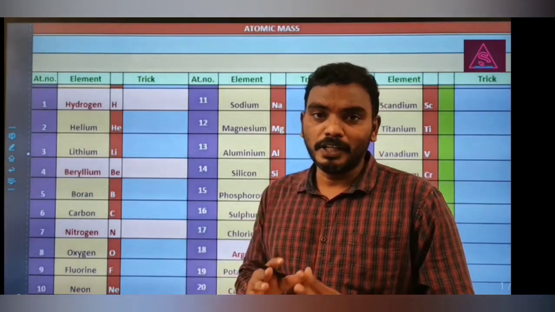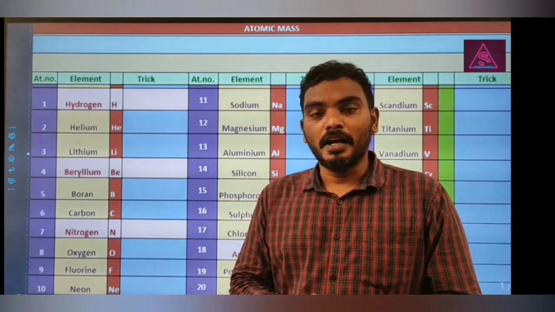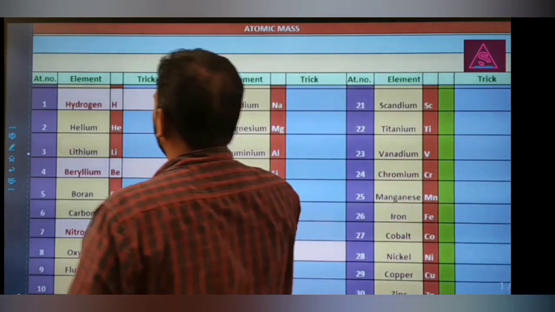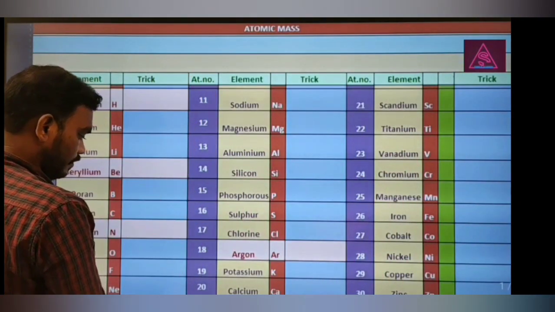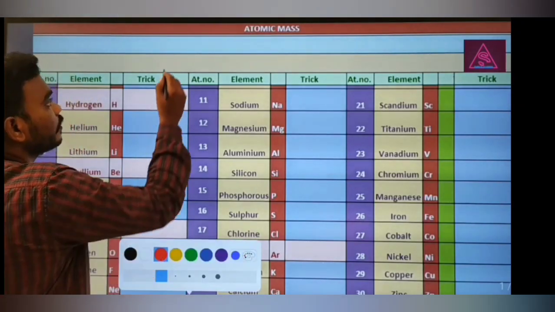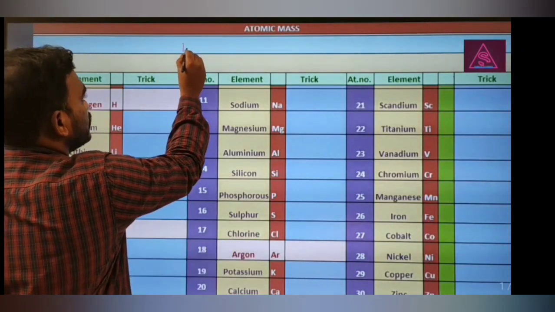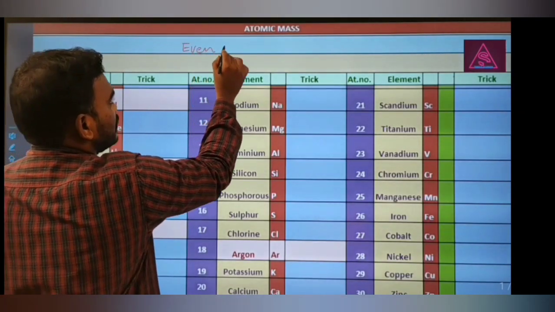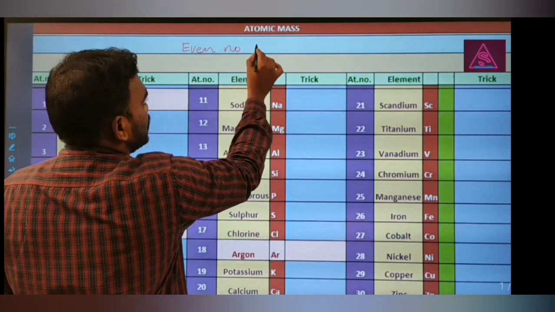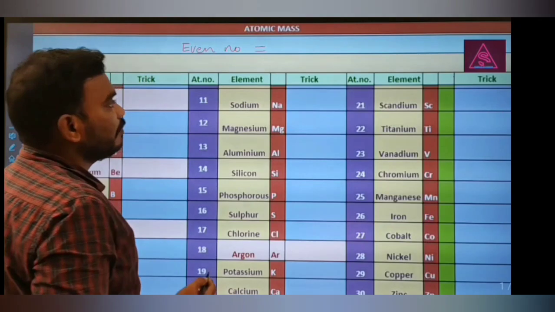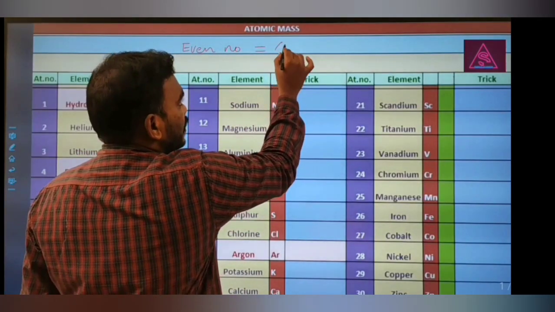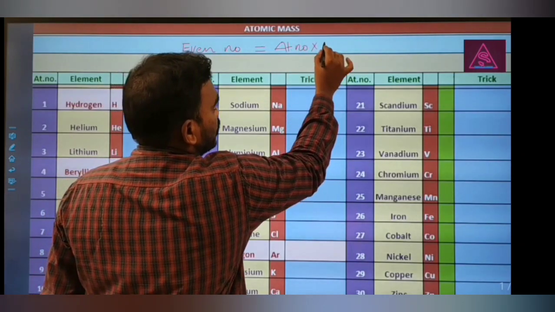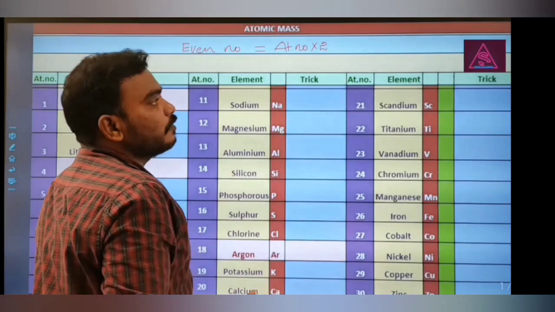In this, I divide the elements into even number elements and odd number elements. For even numbers, the mass number is equal to atomic number into 2.